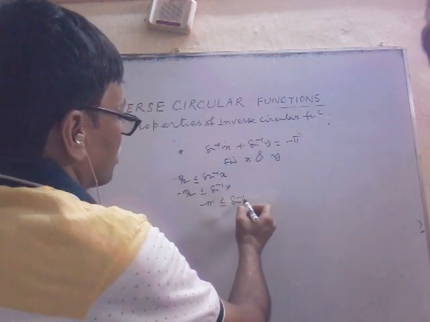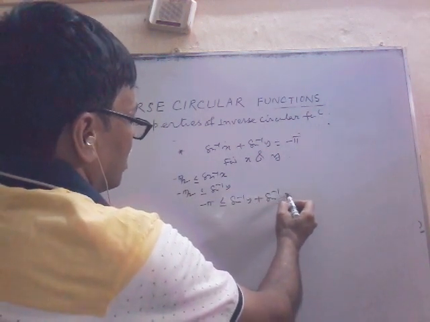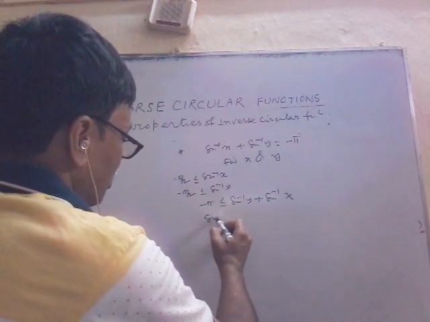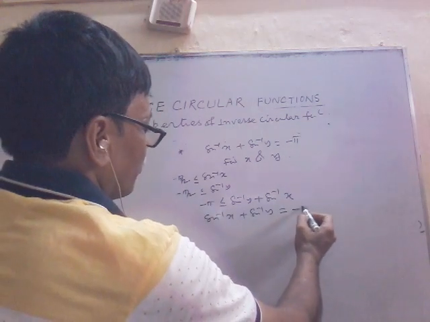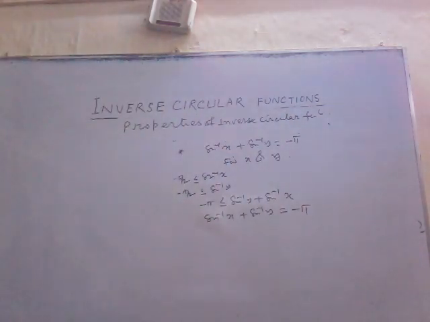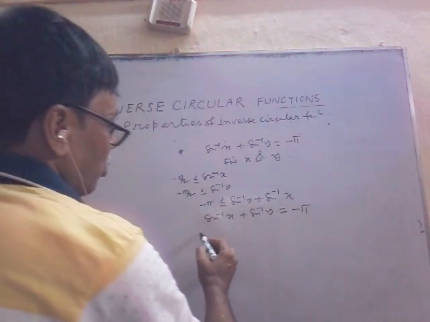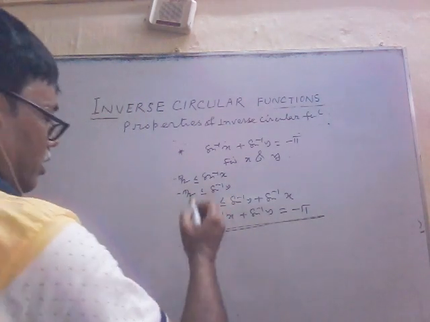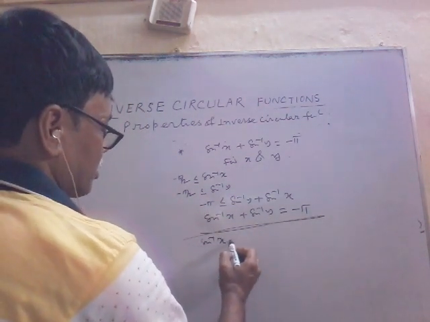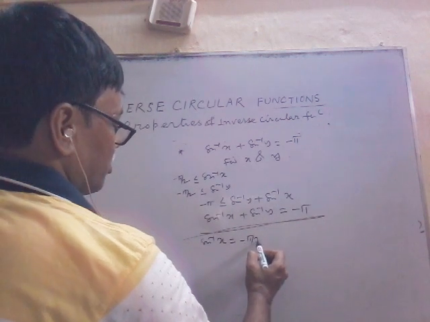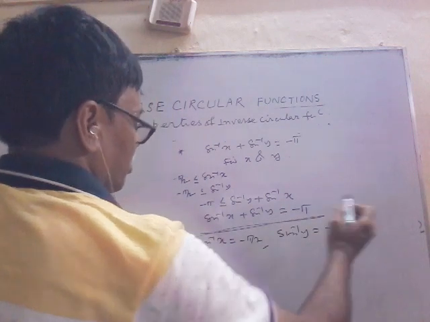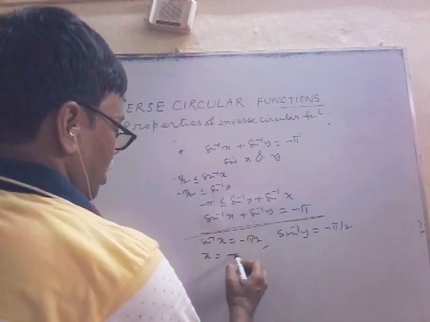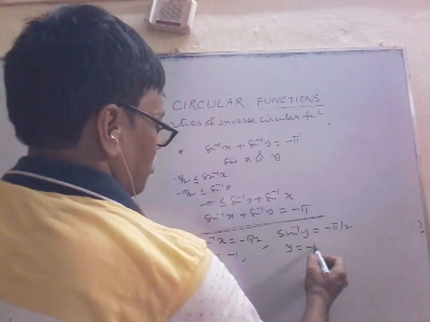So what is your given result? Minus pi. This result is obtained when sine inverse x equals minus pi by 2 and sine inverse y equals minus pi by 2. So x is minus 1, y is minus 1.